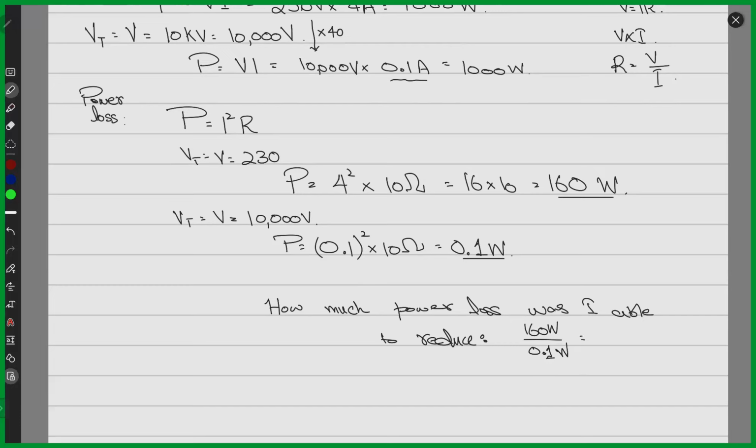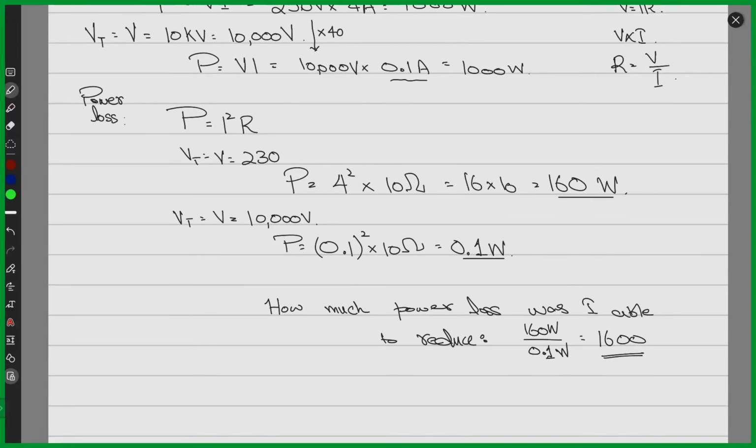What does this give me? Can someone do the math? 160 divided by 0.1. 0.1 is 1 by 10, so it would go upstairs, and this would be 1600. This is the number of times that I was able to reduce the power loss.